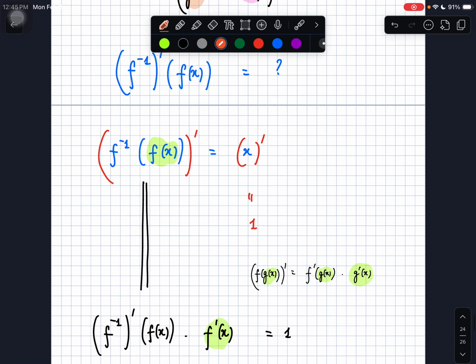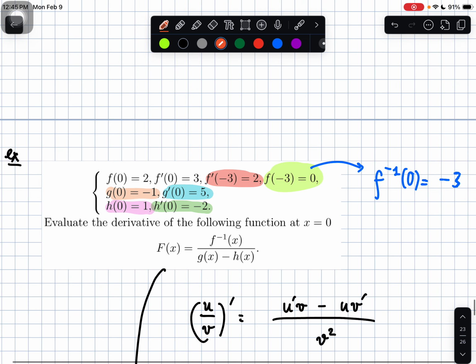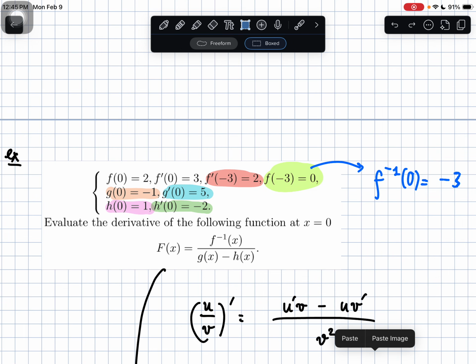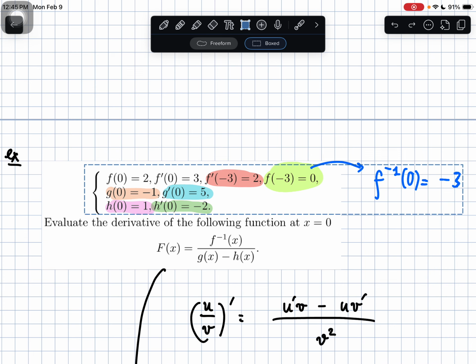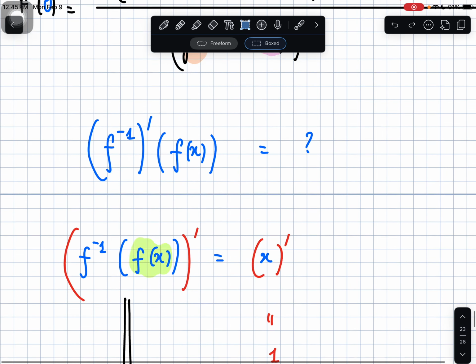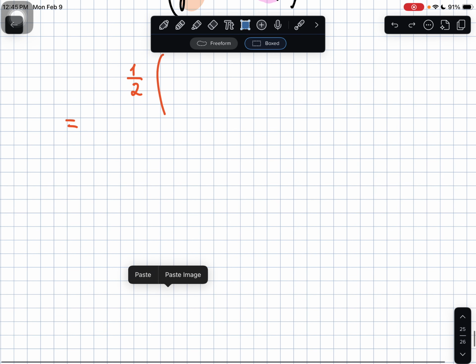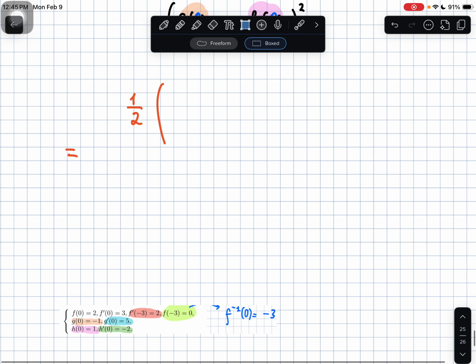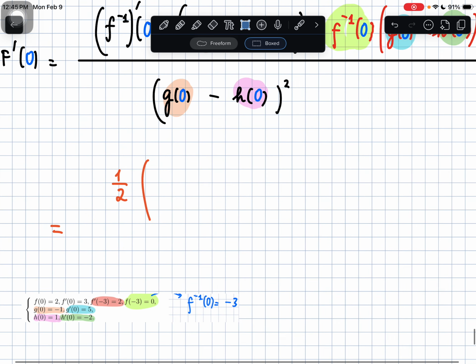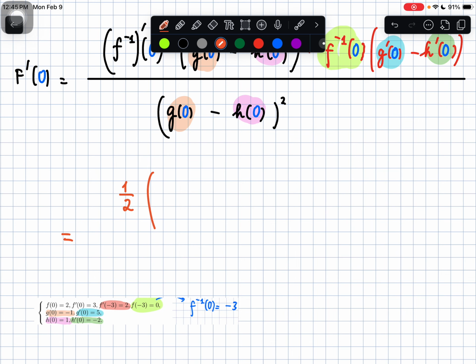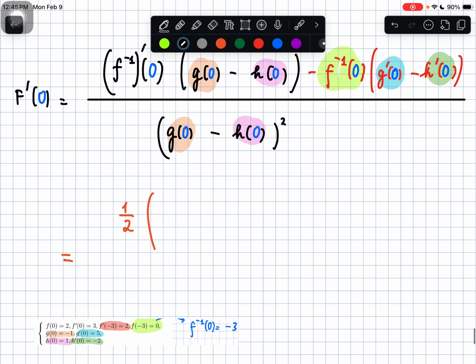G of 0. So let's get all the conditions. G of 0 equal to negative 1.